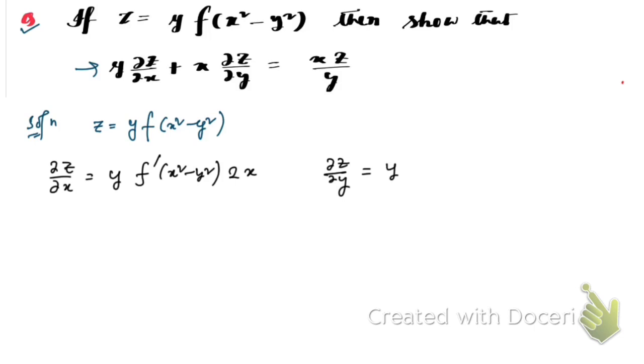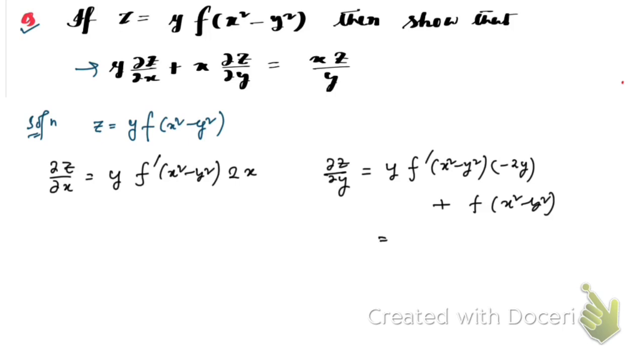First function, derivative of the second function, that is f dash of x square minus y square, and as it is a function of a function, differentiating the term within the bracket gives minus twice y. Then plus the second function, that is f of x square minus y square, and the derivative of the first function, that is y, which is going to be 1. So this is what we have got.